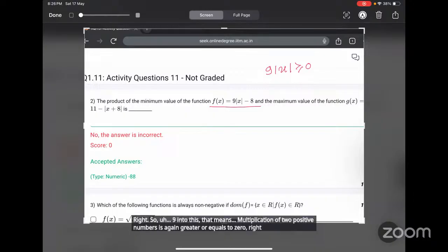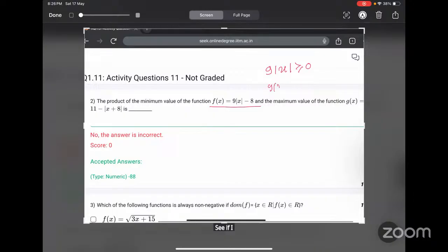If I do this minus 8, it will be greater than or equal to minus 8, and this holds for any x belonging to the real numbers. That means what is the minimum value of the function f? Minus 8. So this is the minimum value. Is there any doubt here? No doubt. Now, similarly, again, modulus of something is greater than or equal to 0.